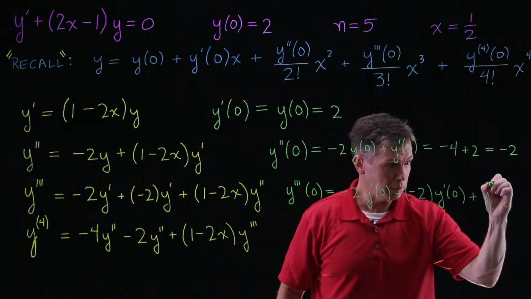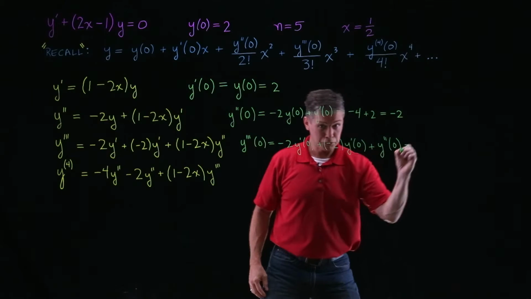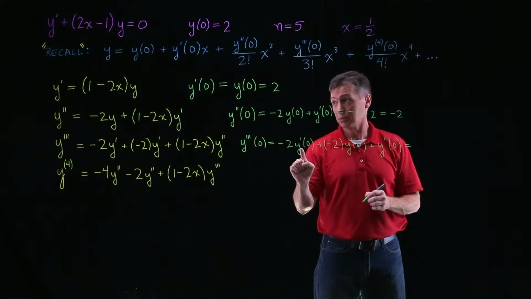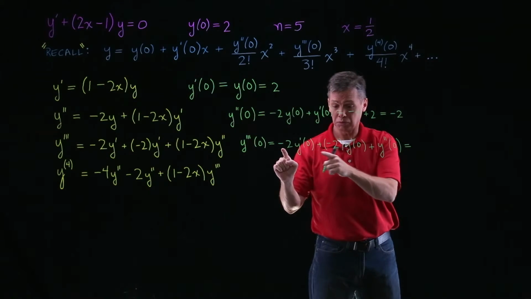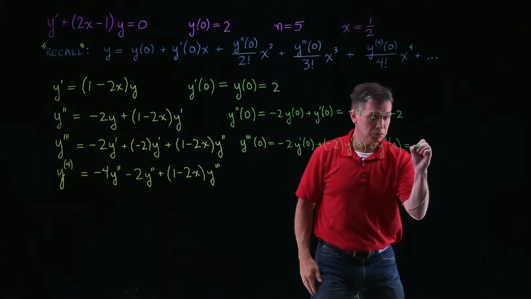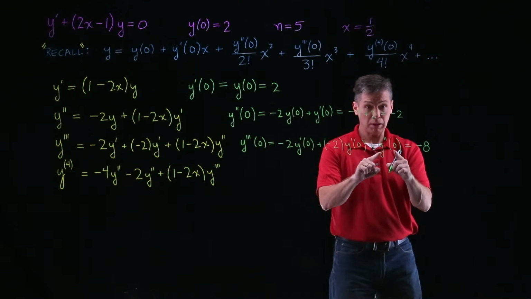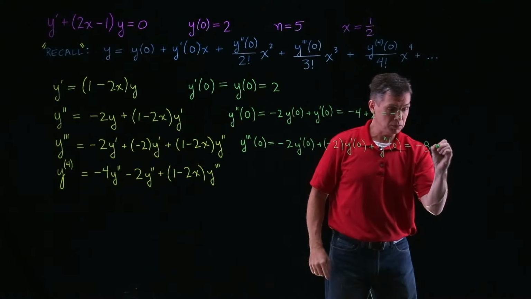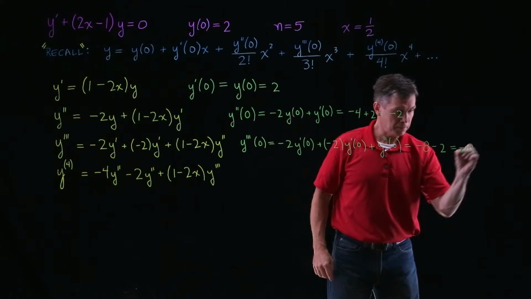You do have your y double prime of 0. And then let's convert that to some arithmetic. Y prime, single prime, is a 2. Times a negative 2 is minus 4. Looks like I have 2 of those, so minus 8. And then y double prime of 0, that's what we did right above here, so that's a minus 2. And that looks like a minus 10.